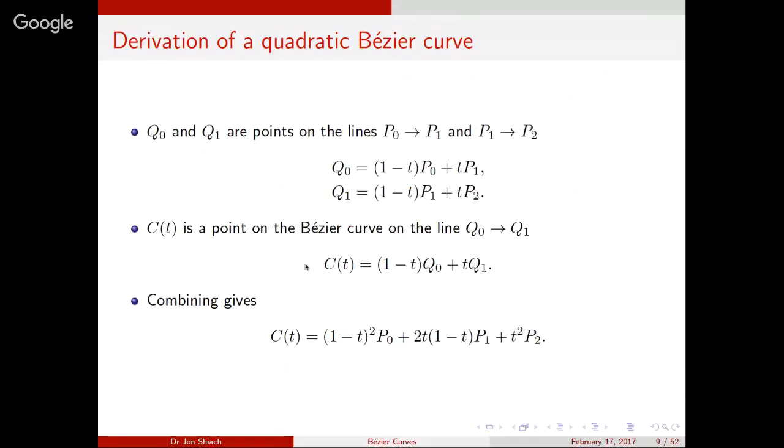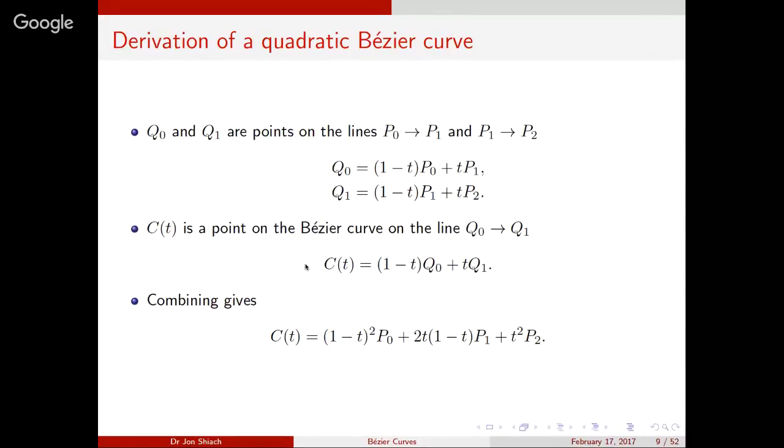Okay, so let's have a look at the algebra. Q0 and Q1 are between P0 and P1, and P1 and P2. So using the parametric equation of the straight line, we have these 2 expressions. Now, C(t) is our point on our curve, and that's between Q0 and Q1.